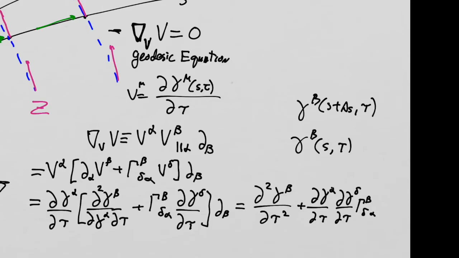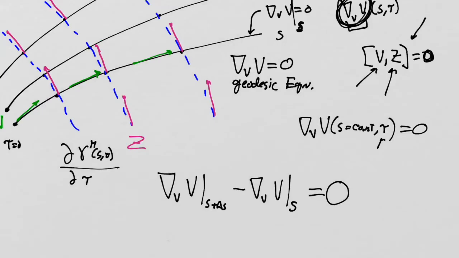They both share the same tau, by the way. So this difference, it's still going to equal 0, because both of these are geodesics, so they both satisfy the geodesic equation. So that equals 0 by hypothesis, and that equals 0 by hypothesis.